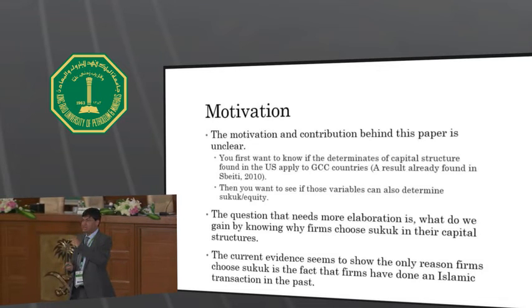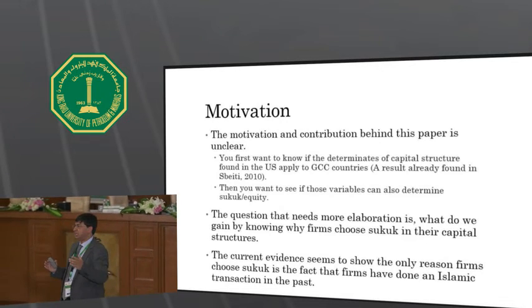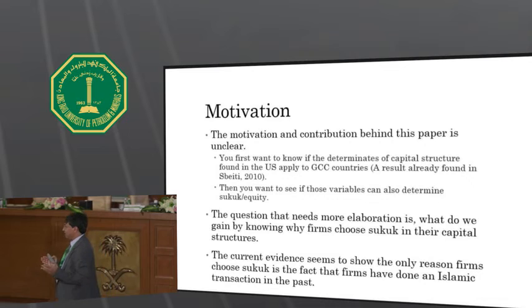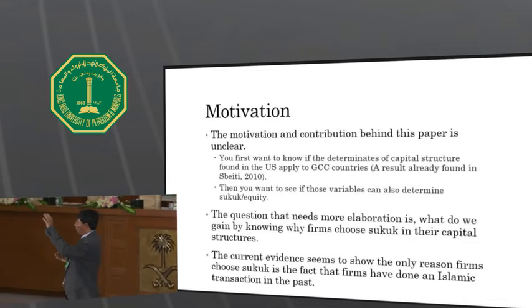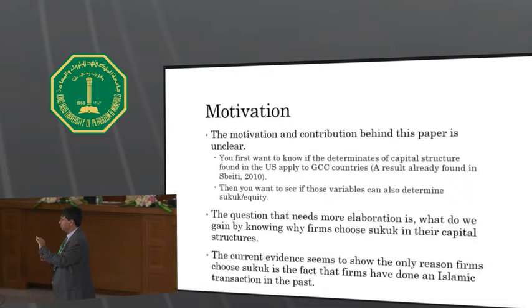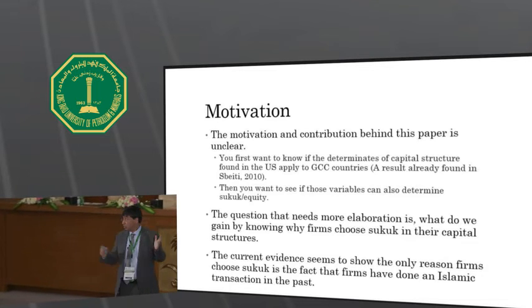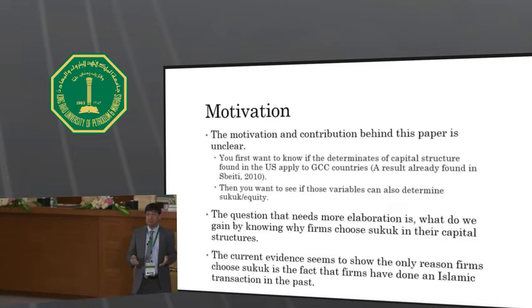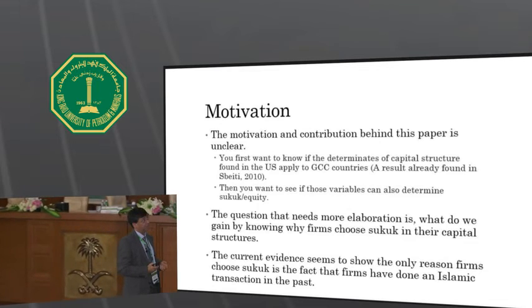Now again, that claim, from the data, is not clear really. Where is this variable that says the firm has issued some sort of Islamic instrument before? In the regression, I did not quite see that, or maybe I missed it. So when you make this claim, it has to be substantiated with the data that you have.